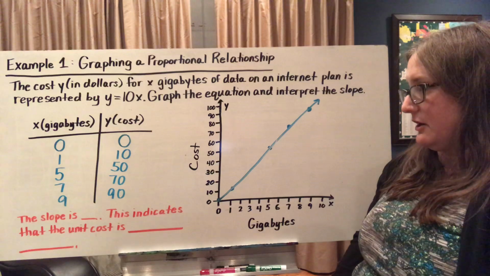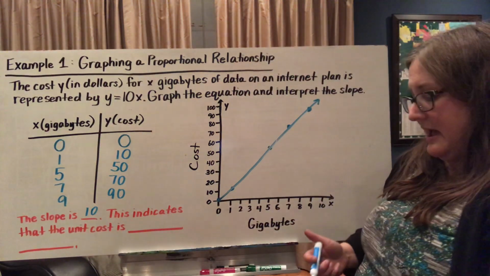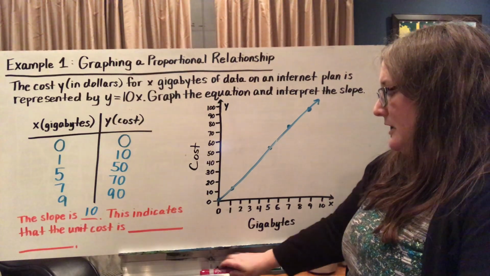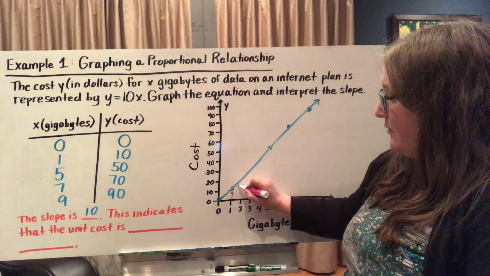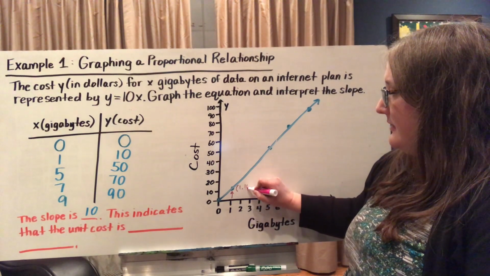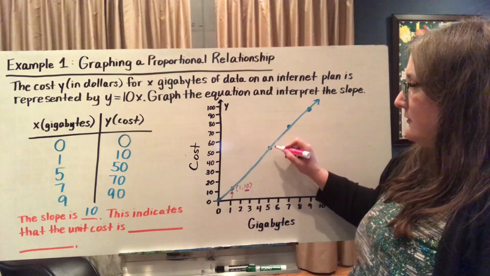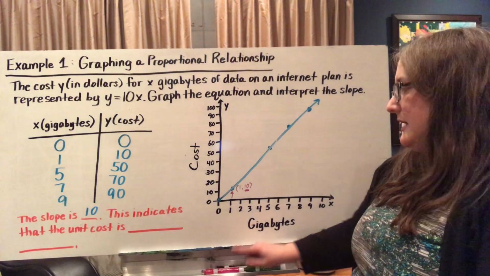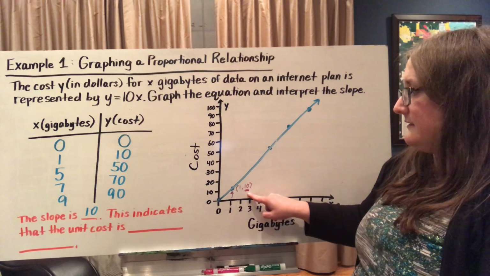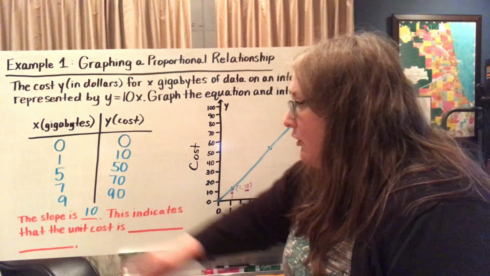So the slope here is 10. It's going up by 10. I can also look at the point 1 comma right here. 1 comma 10. That tells me that every time my points are going up by 10, so 10 is my constant of proportionality, it's my unit rate, it's $10 per gigabyte, or I can say 10 is my slope.